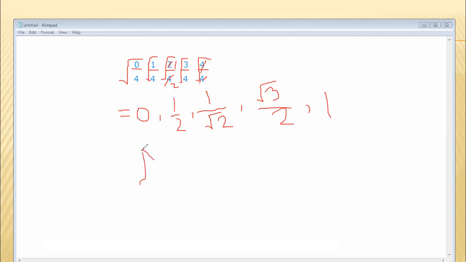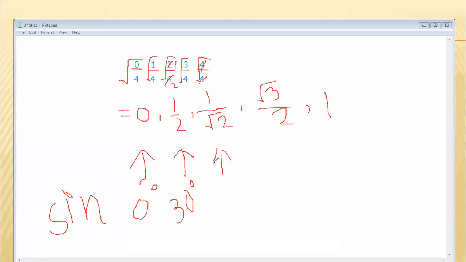And these are the values for sine 0 degree, sine, not others, sine 0 degree. This is for sine 30 degree, and this is for sine 45 degree.